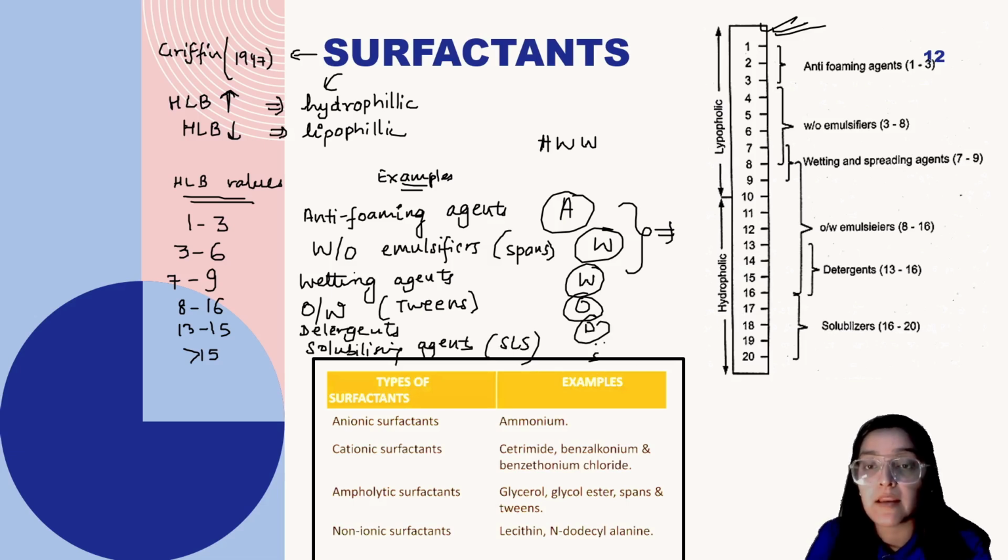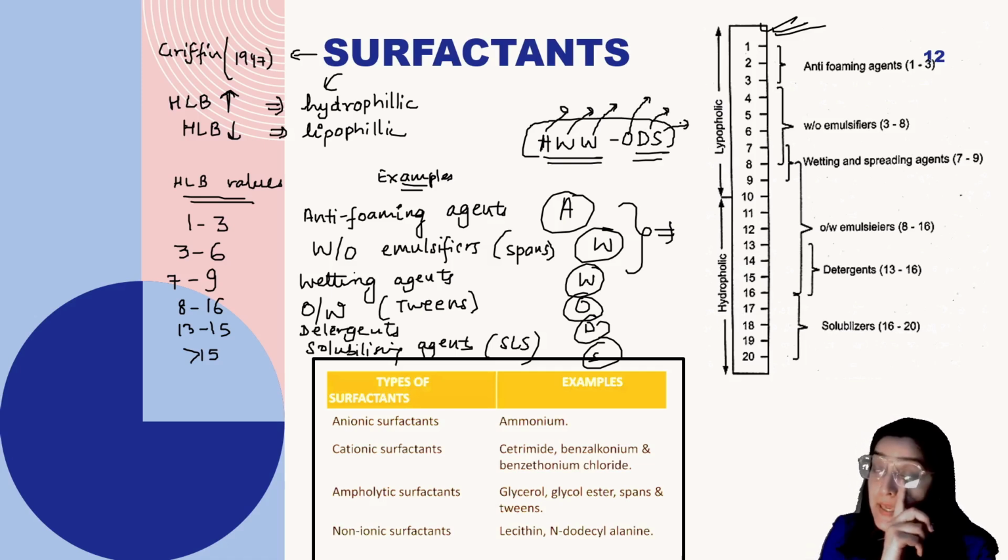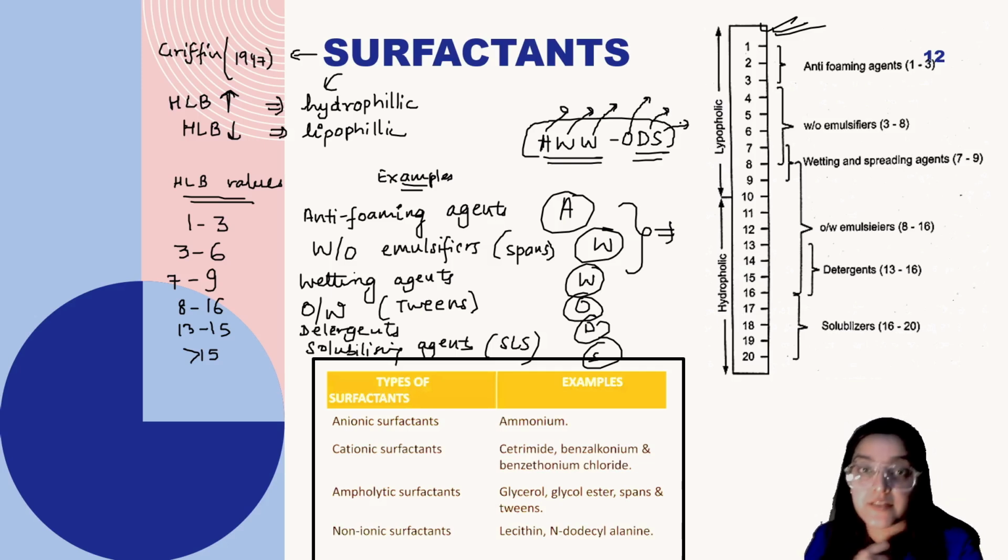So the trick can be this, AWOODS. Okay students, from this you can understand A stands for the anti-foaming agent, W stands for the water in oil emulsifier, the wetting agents, the oil in water emulsifiers, the detergents, and the solubilizing agents, which also includes SLS, which is the surface active agent.